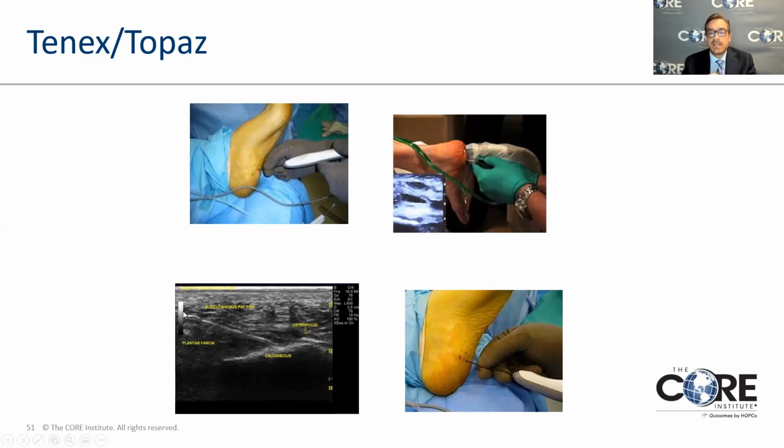On the bottom left here, this is an ultrasound being performed intraoperatively, and you can see the instrument coming in right here. If you follow my cursor, you can see the instrument, and it's basically poking in. This down here is the heel bone, the calcaneus, but this band of tissue is the plantar fascia, so it's poking in the plantar fascia. So the doctor goes in and out with that instrument.